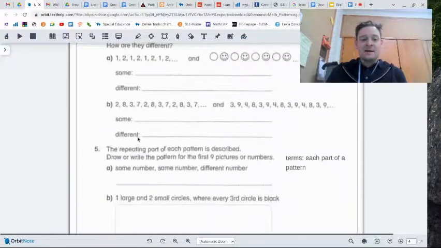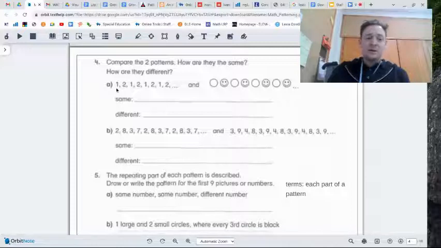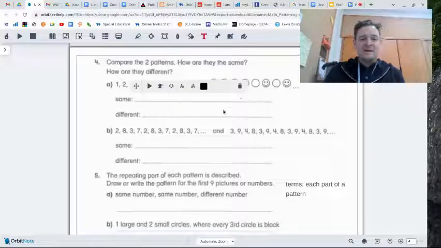And then on the back side of the page, it says, compare the 2 patterns. How are they the same and how are they different? So this pattern here, we have 1, 2, 1, 2, 1, 2, 1, 2. And this one, we have circle, happy face, circle, happy face, circle, happy face. So they're the same because we could describe them both as maybe A-B patterns.